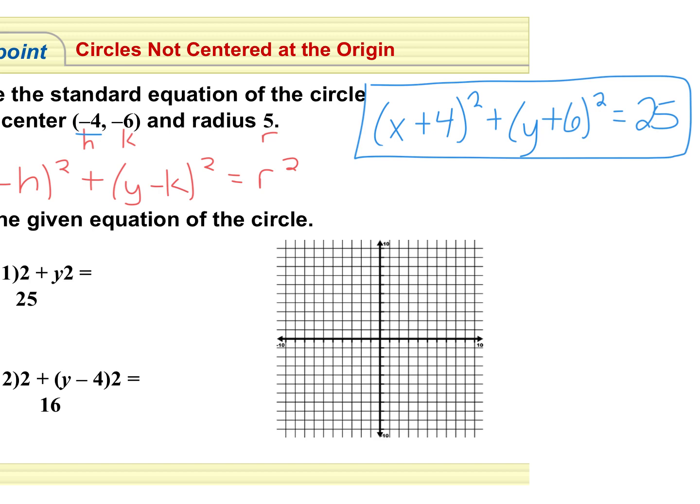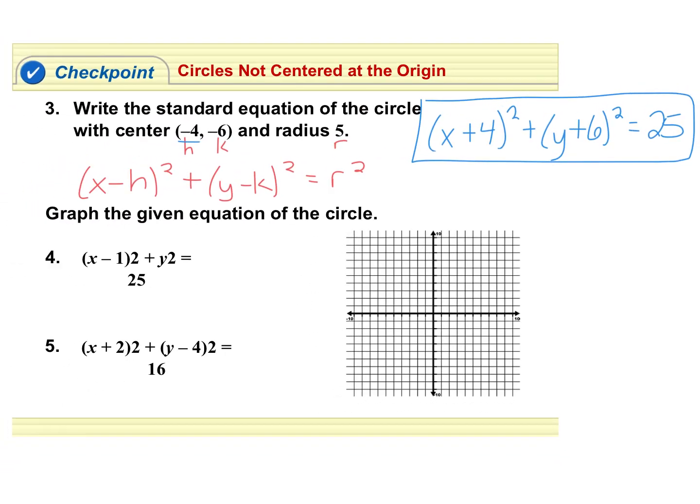Good. One more I want to look at, number 5. It says x plus 2 squared plus y minus 4 squared equals 16. Now it gives us the equation and wants us to work backwards.